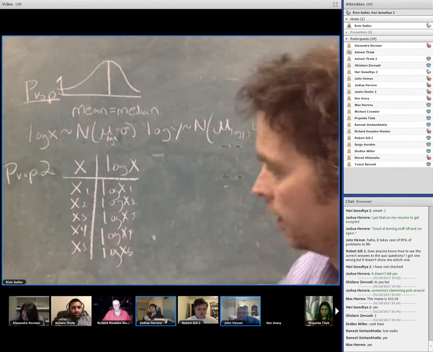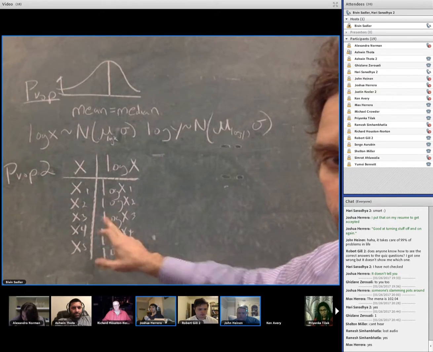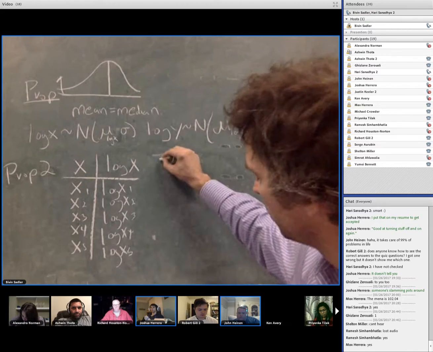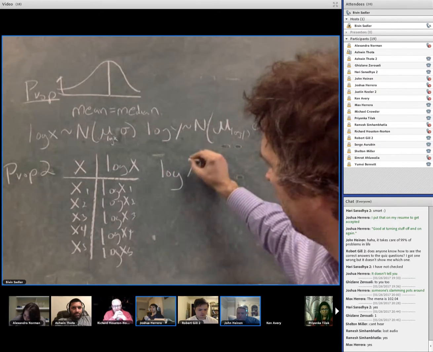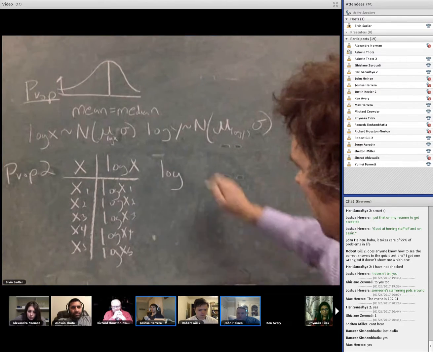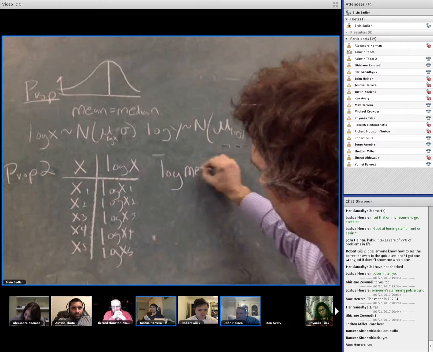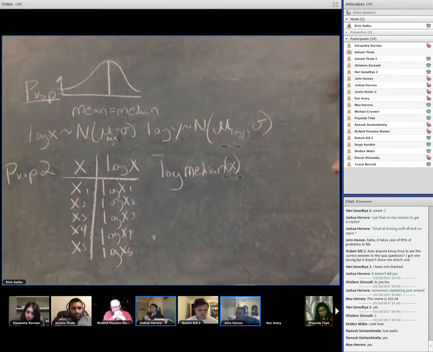So now given that, let's get proposition 2. Proposition 2 is the log of the median of x. If I took the log of the median of x, that would equal what?